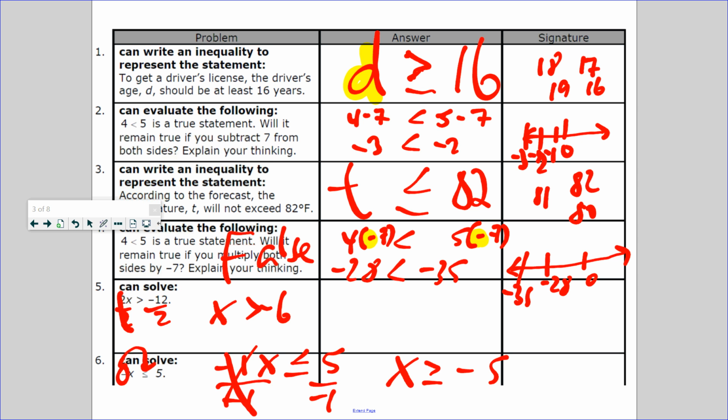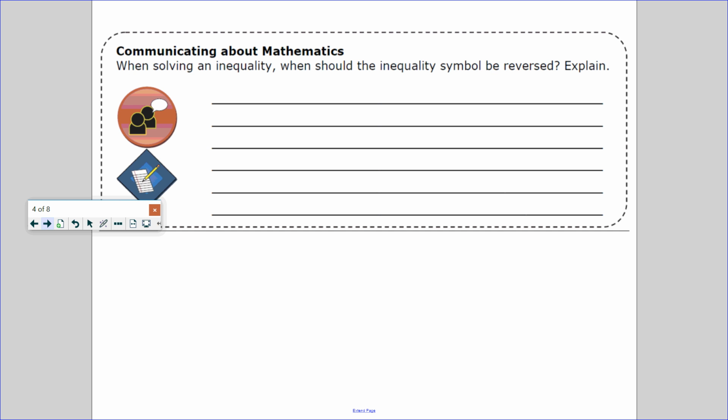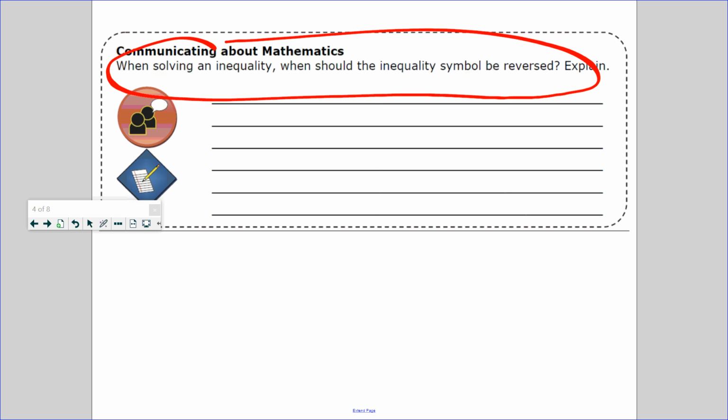To check your work, name a number greater than or equal to negative 5. Let's do negative 10. So let's see if this works. Let's substitute. Is negative 10 less than or equal to 5? It is true. If I had not reversed it around, the statement would not have been true. So the main thing I want you to know is this. When solving an inequality, when should the inequality sign symbol be reversed?